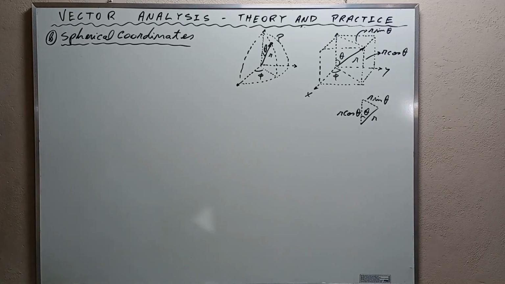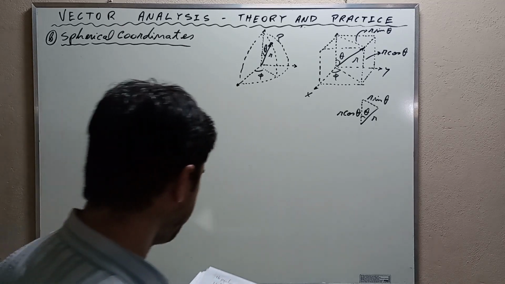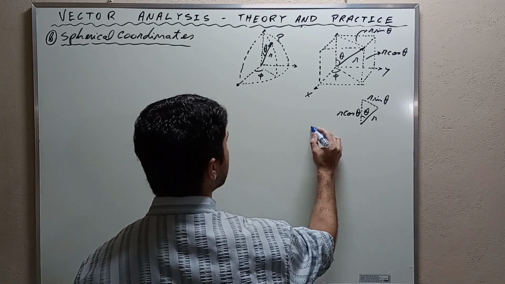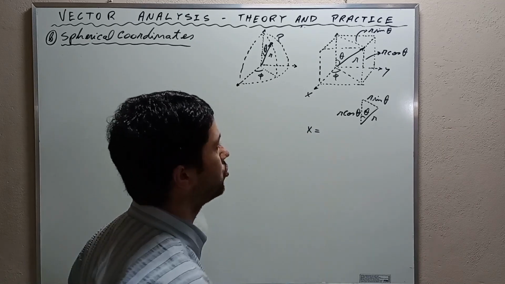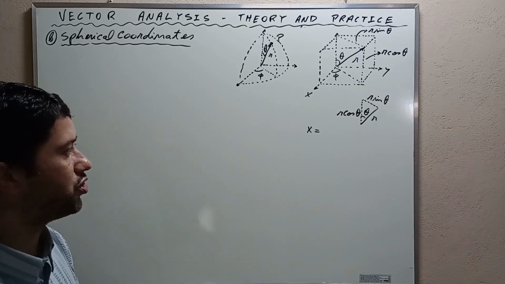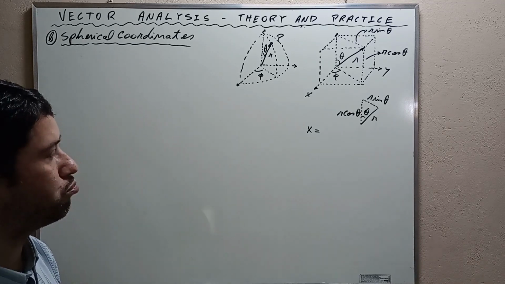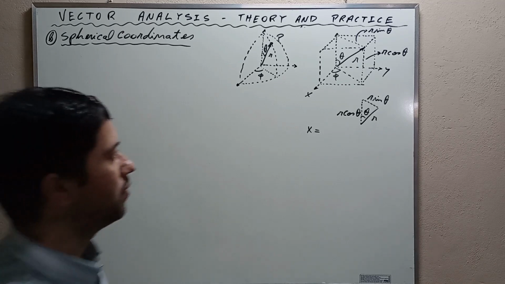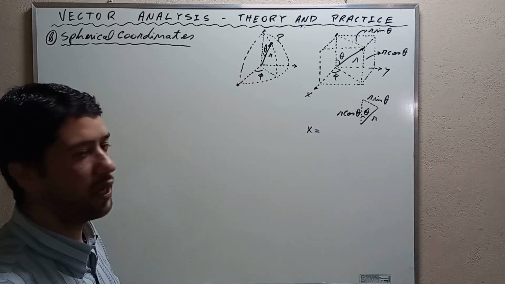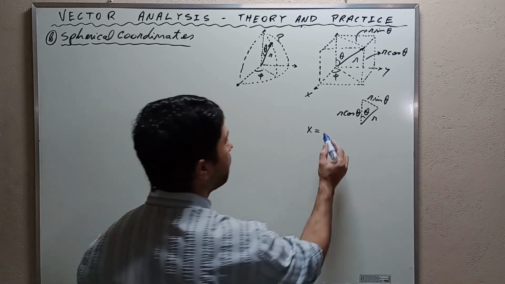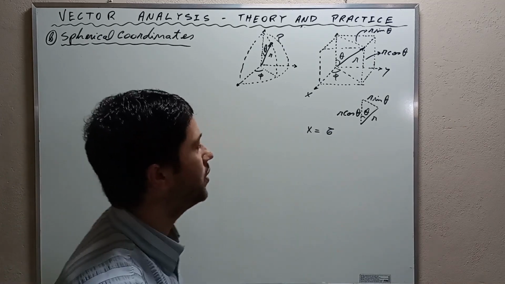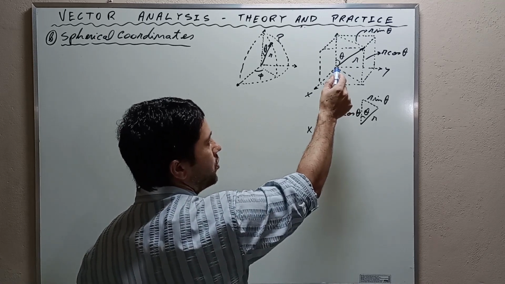Understanding this, we can write x and y in terms of the projection as cosine and sine, okay? Let's call the projection any kind of letter. Okay, let's invent tau. Tau.